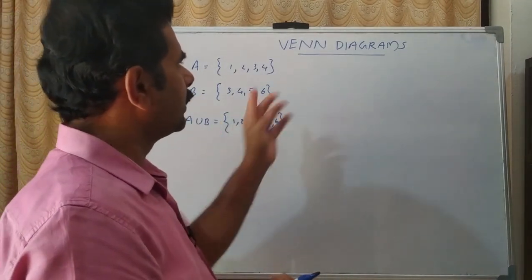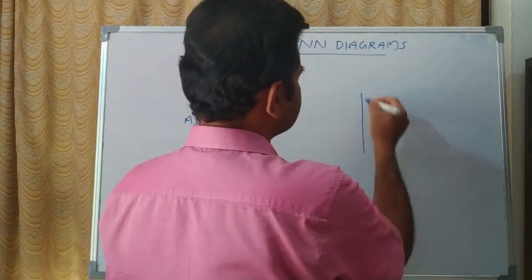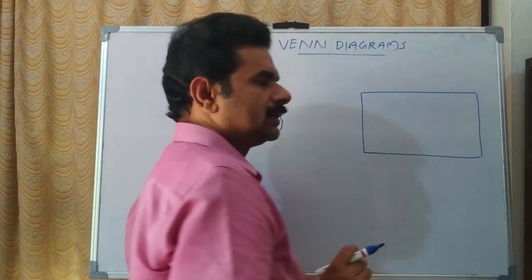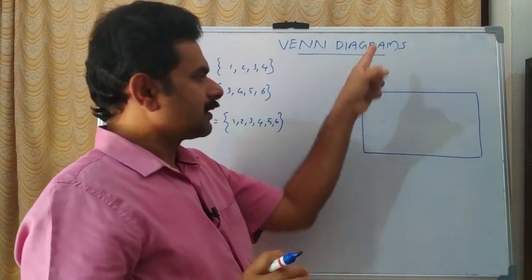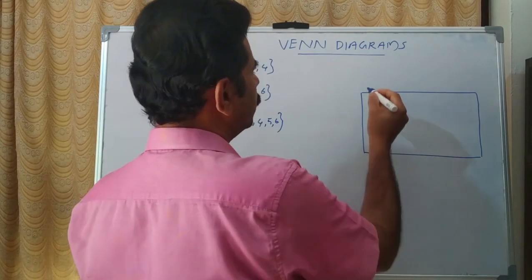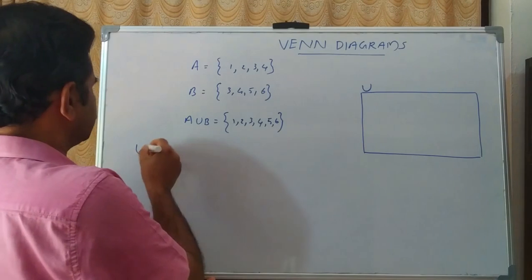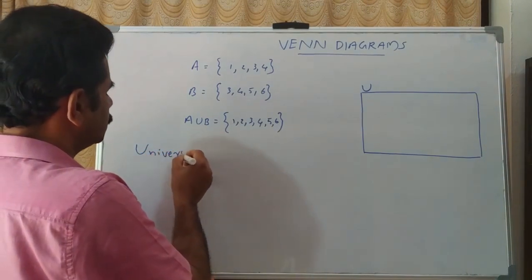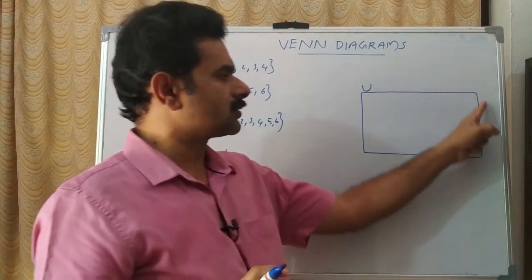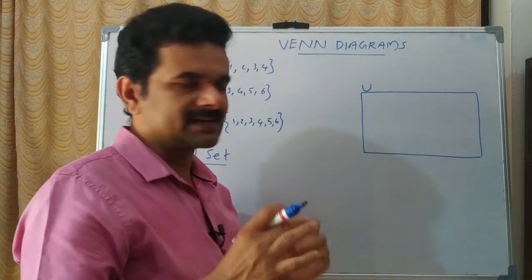This can be described by using a Venn diagram. For that, I am drawing a rectangle, or rectangular box, here. In a Venn diagram, we name this box or rectangle the universal set, a big set under consideration.